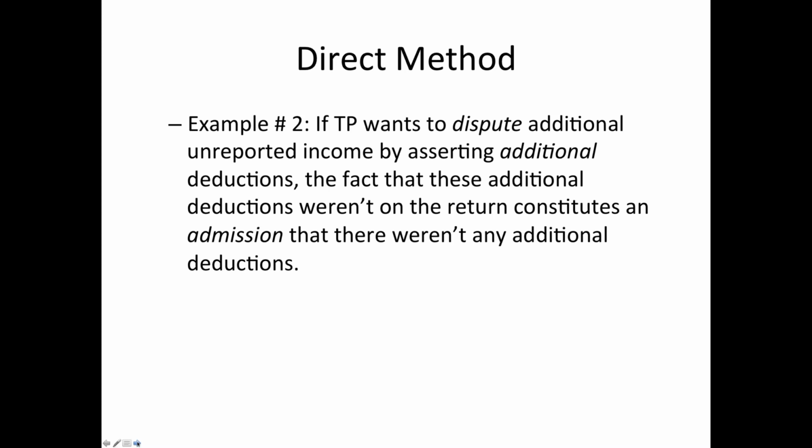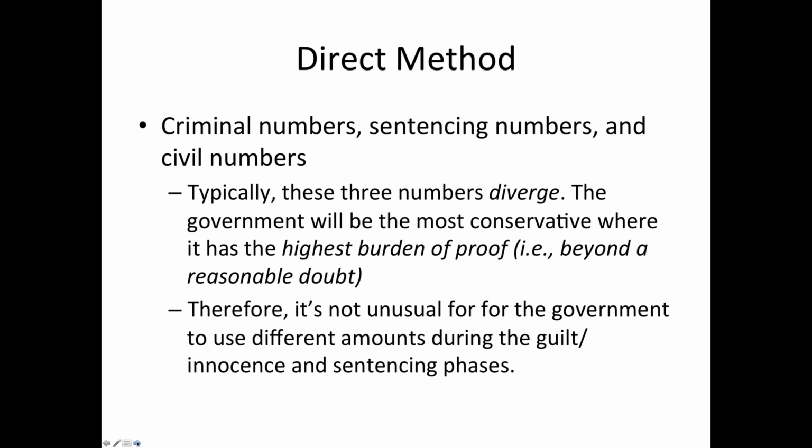So that kind of puts the taxpayer between a rock and a hard place, because there is, again, this admission that if the additional deductions weren't there, that there weren't any additional deductions. Notwithstanding the fact, however, taxpayers are permitted to assert additional deductions at the trial.